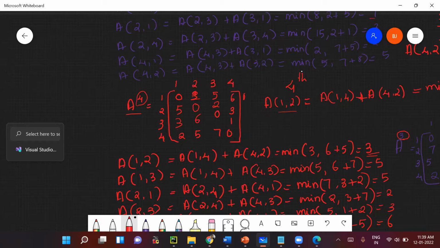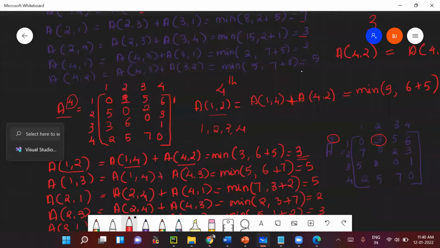So in effect, in this step we are considering all the vertices 1, 2, 3 and 4 as intermediate vertices, even though we are splitting 1 to 2 as 1 to 4 and 4 to 2. Here we are only using 4 as an intermediate vertex, but you know that A4 is constructed from A3, which was using 3 as an intermediate vertex after getting the shortest path.